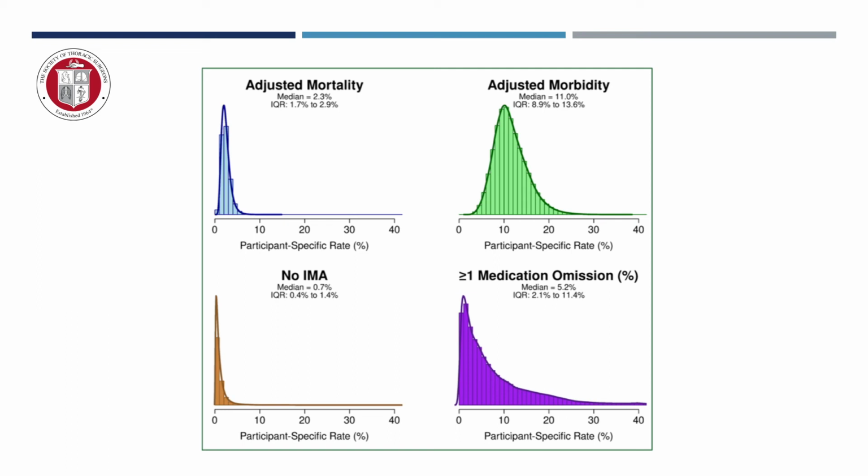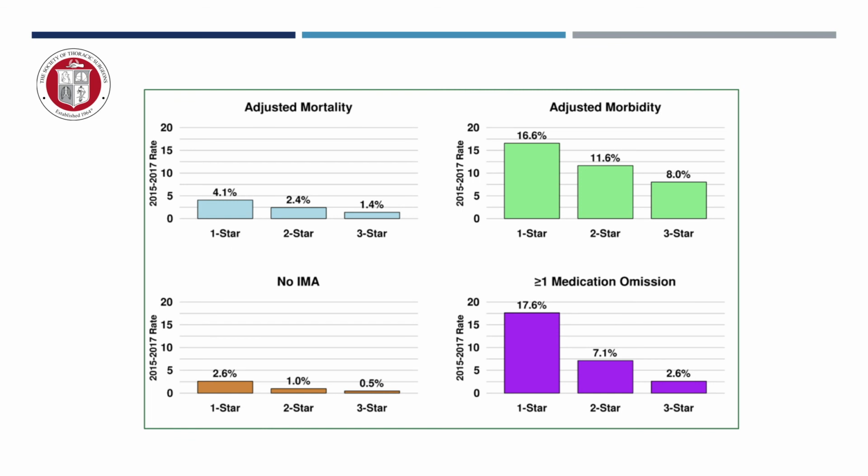Median omission of an IMA graft was 0.7%, interquartile range 0.4 to 1.4%, and median omission of at least one medication was 5.2% with an interquartile range of 2.1 to 11.4%. Rates of adjusted morbidity and mortality, IMA omission, and omission of at least one medication all decreased monotonically as star ratings increased from 1 to 3 star.